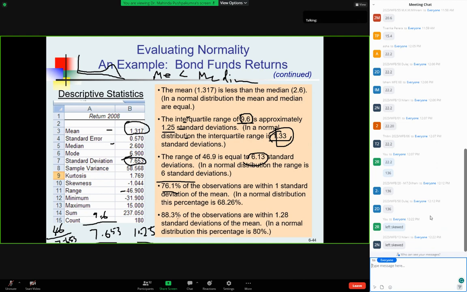Then 88.3% of observations are within 1.28 standard deviation. Theoretically, it should be 80%. Like this, you should be able to check whether the distribution is normal or not by looking at the given information.